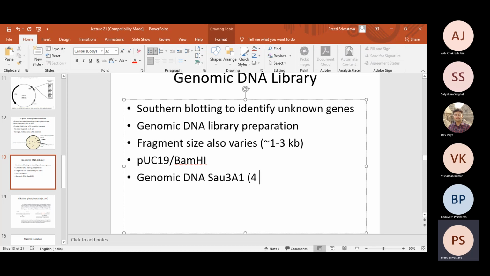The only thing is that Sau3AI is a 4-base pair cutter, so you perform partial digestion. Other choices are that you can clone pUC19 digested with BamHI and genomic DNA digested with BglII. BglII is a 6-base pair cutter. So again, it depends upon the fragment size which you are interested in cloning.